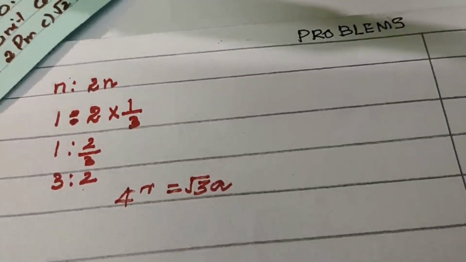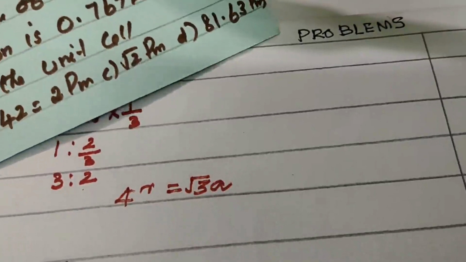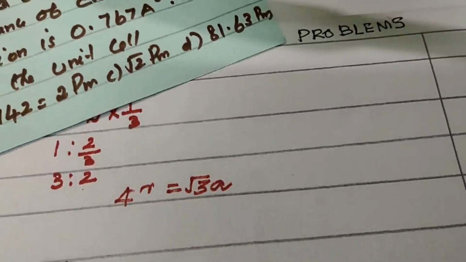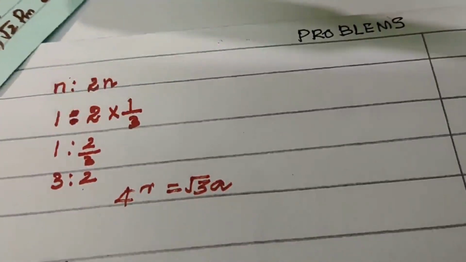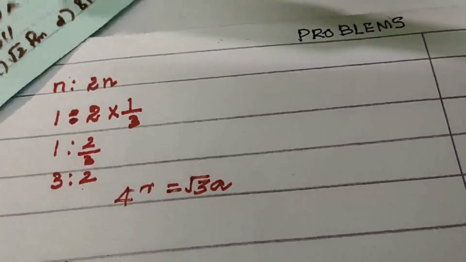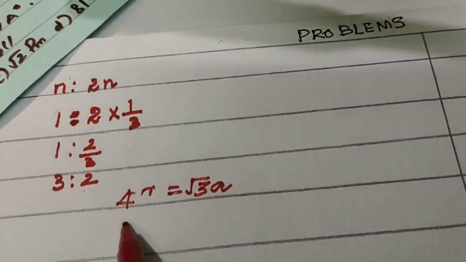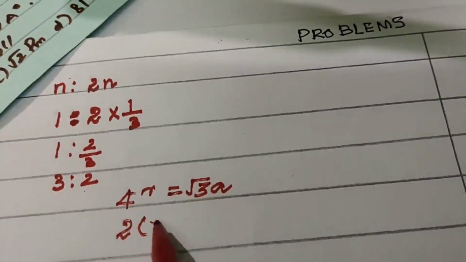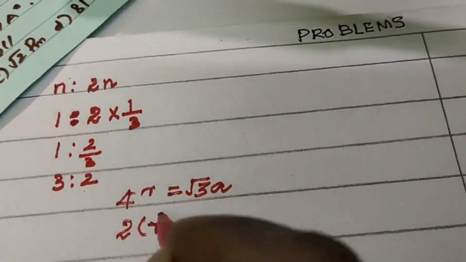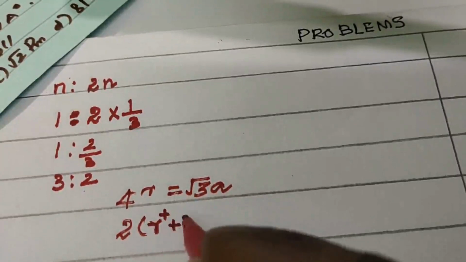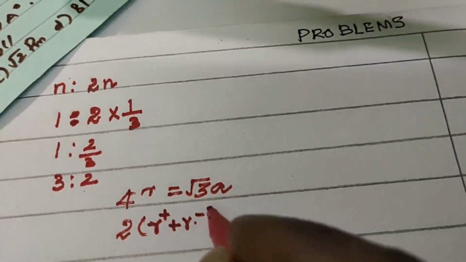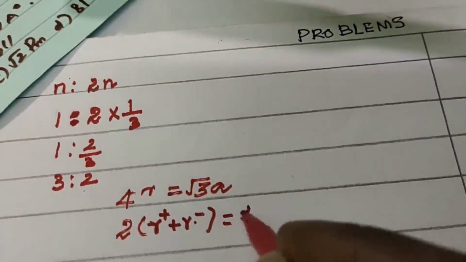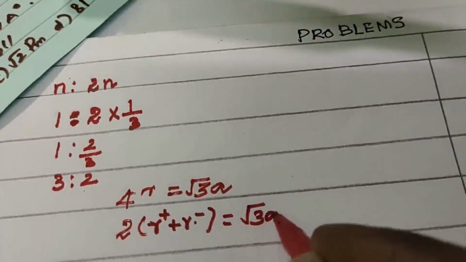But here, instead of radius, the ions A+ and B- are given. If the ions are given, then 4r is written as 2 into (r plus plus r minus), that is very important, equal to √3a.